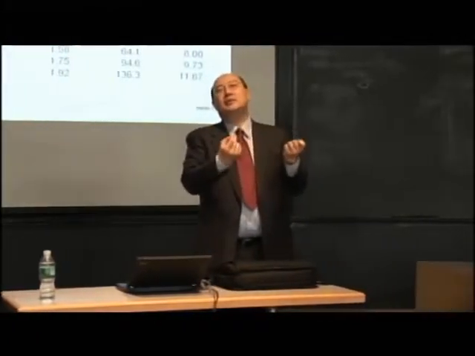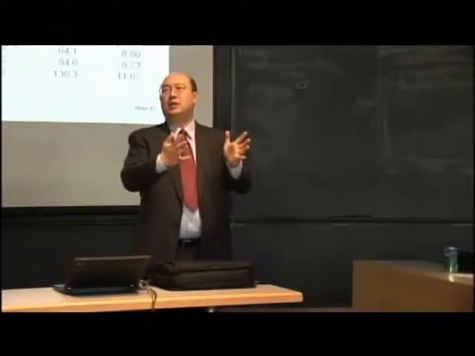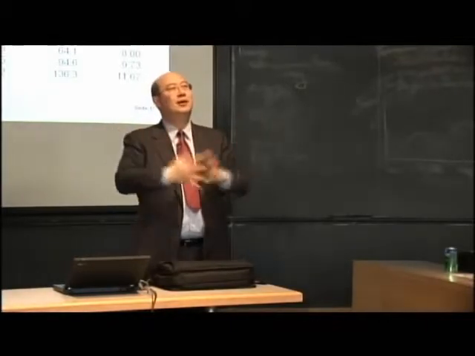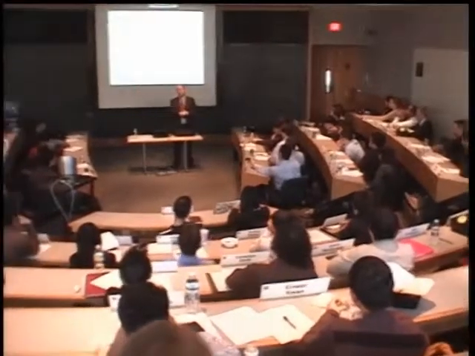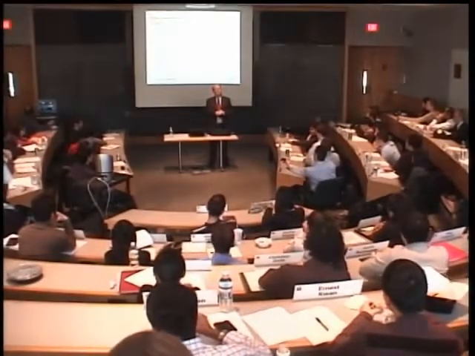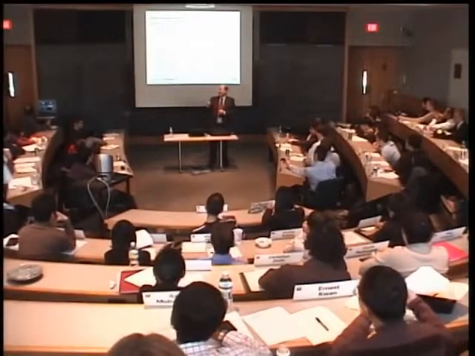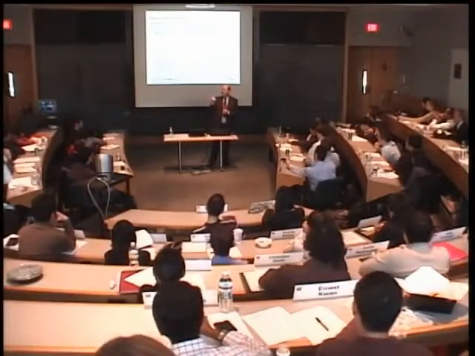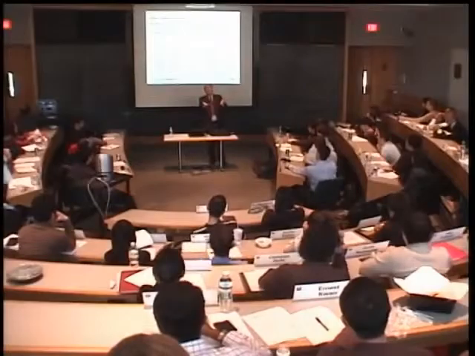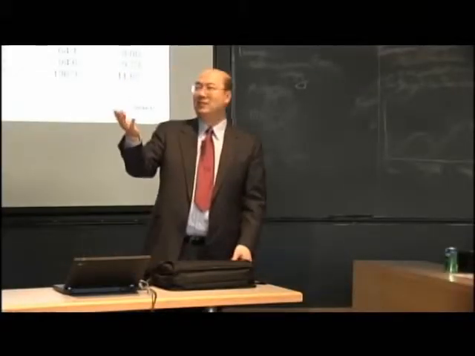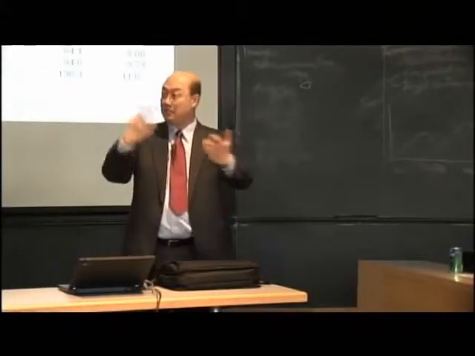The variance of a plus b is equal to what? Who can tell me? What's the variance of a plus b, two random variables? Variance of a plus variance of b plus 2 times the covariance of a and b. If the covariance is 0, then it is the variance of a plus the variance of b.